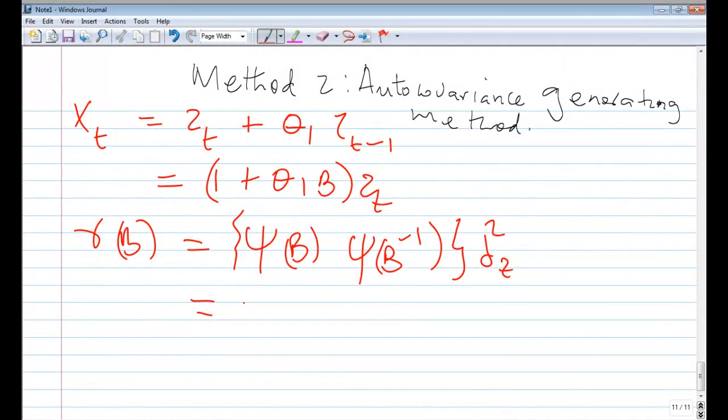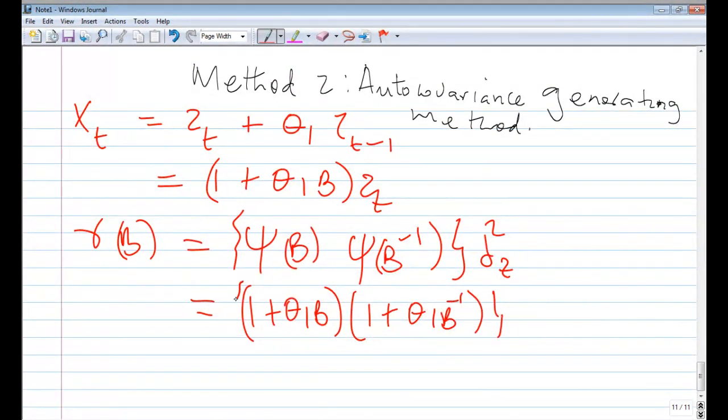It's psi B, 1 plus theta 1B. That is your psi B. Psi B inverse is everything within the brackets, but with B inverse. So in other words, like this, 1 plus theta 1B inverse. Then you multiply by what? Sigma squared z. Do you follow?